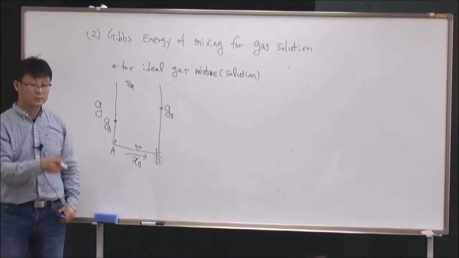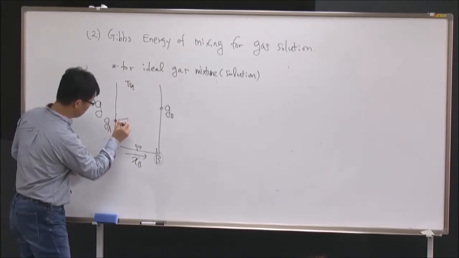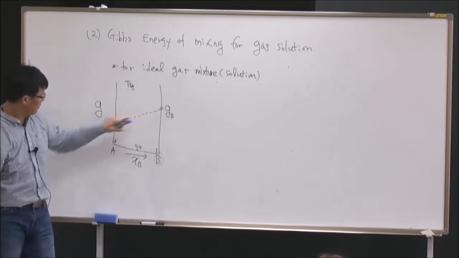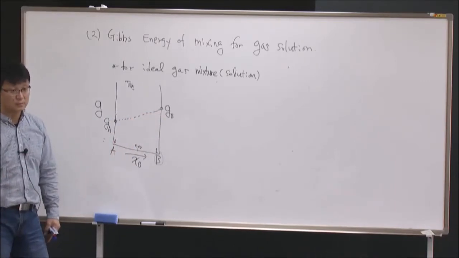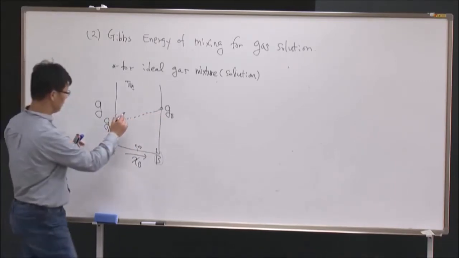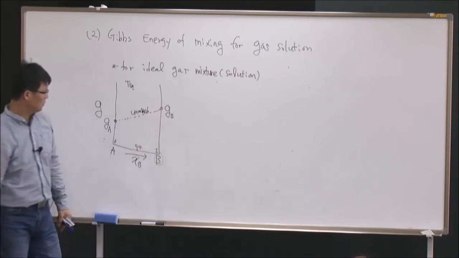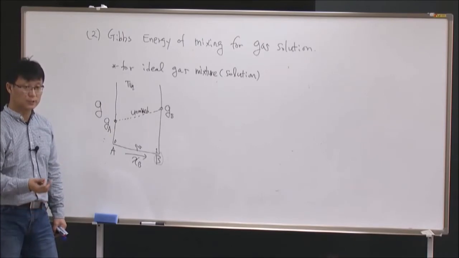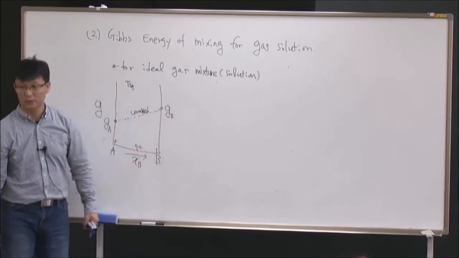If I mix it together, this straight line between GA and GB is the unmixed state. When you mix together, the Gibbs energy decreases from the unmixed state because of the ideal entropy term.